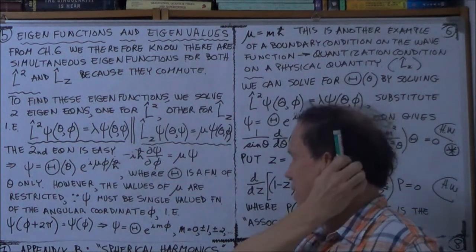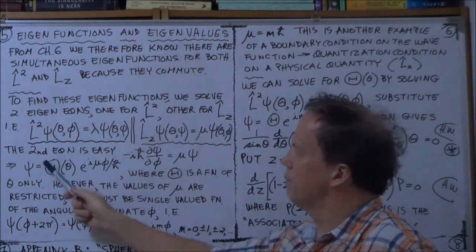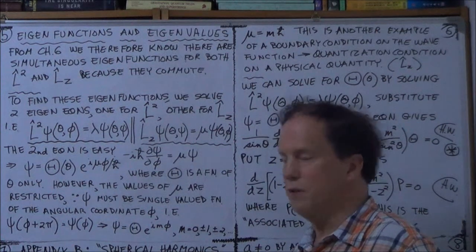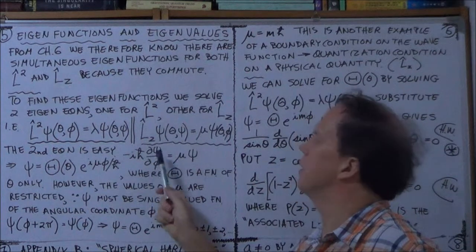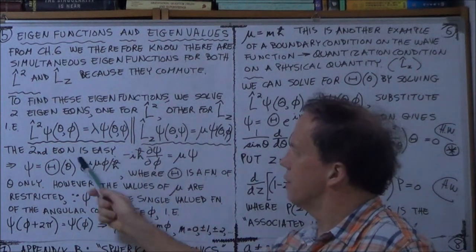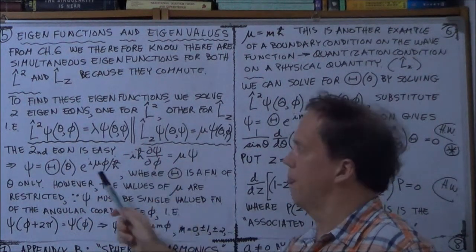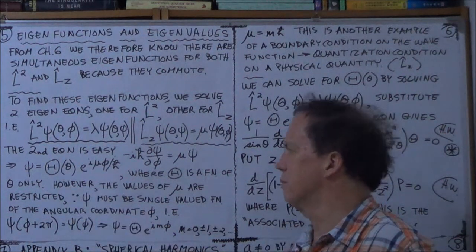So we can just write down the solution for psi, and it'll be some function that depends on the angle theta, because this is a partial derivative with respect to phi. So this function is effectively a constant as far as phi is concerned.